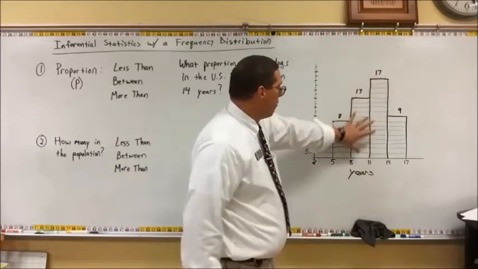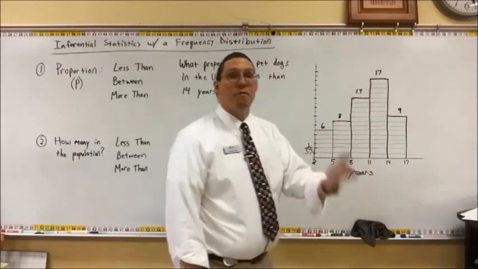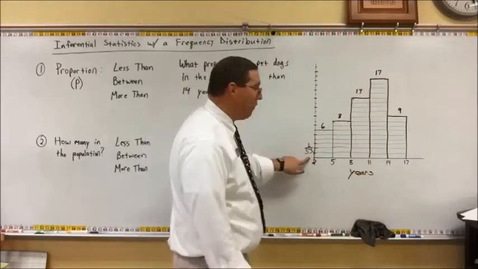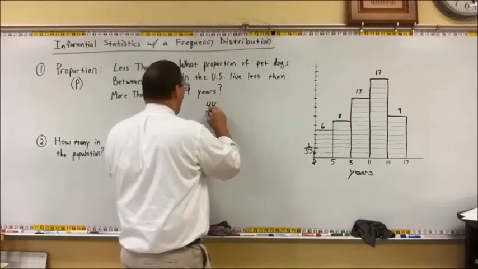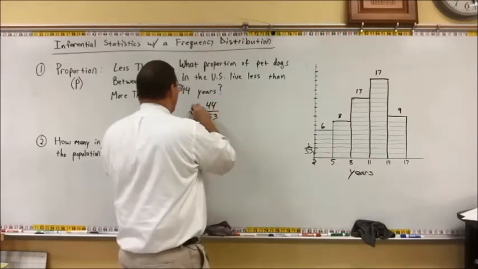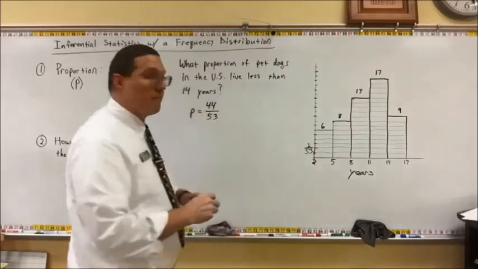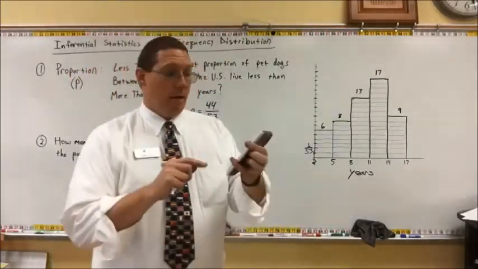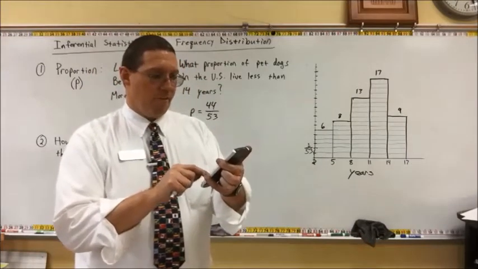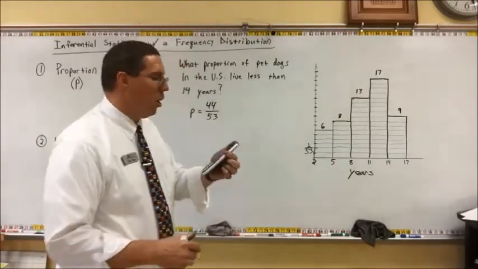So the total number of blocks less than 14 is 44 blocks out of 53. So our answer, what proportion, is going to be 44 out of 53. Okay, so the proportion is 44 out of 53, which we can now calculate in a calculator. 44 divided by 53, and we get 0.8302.